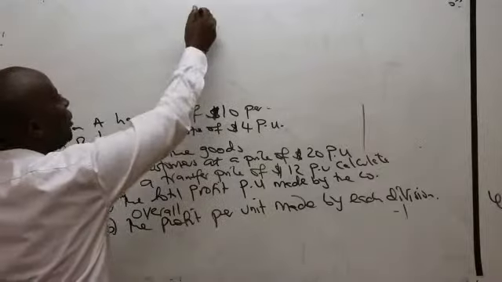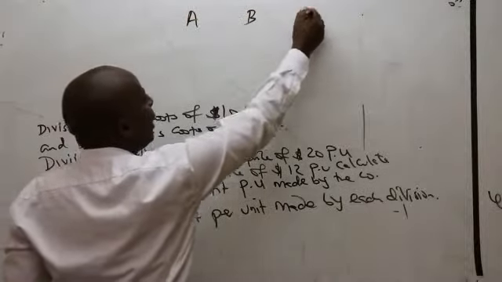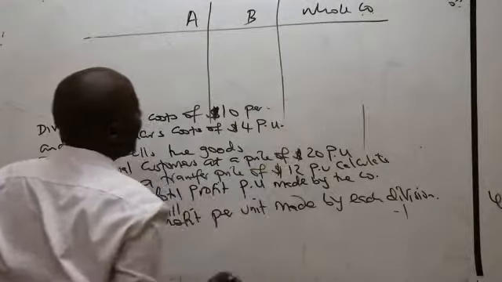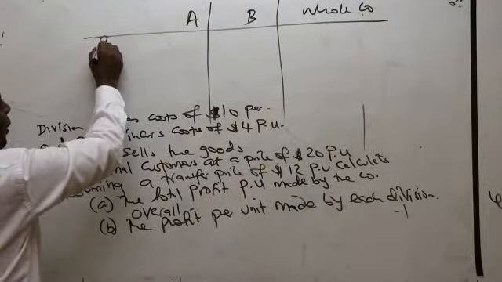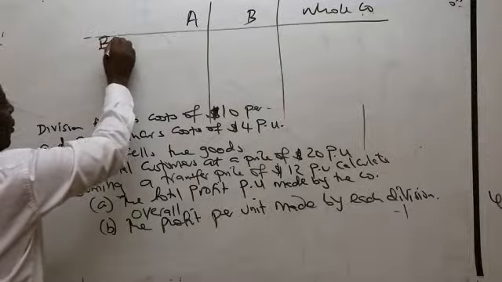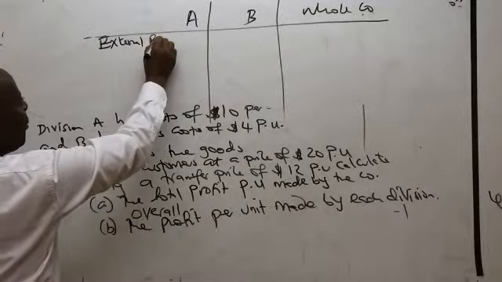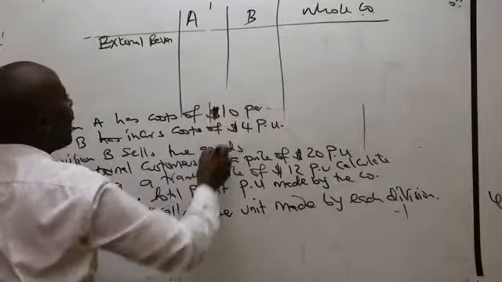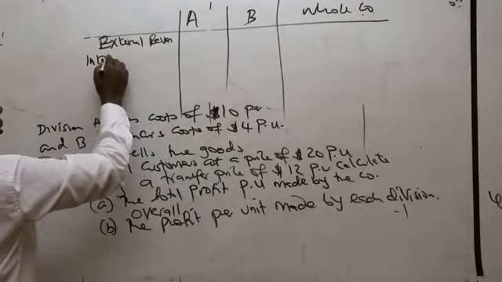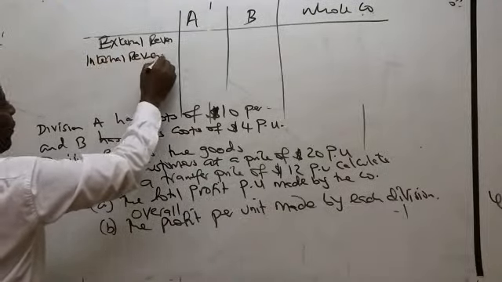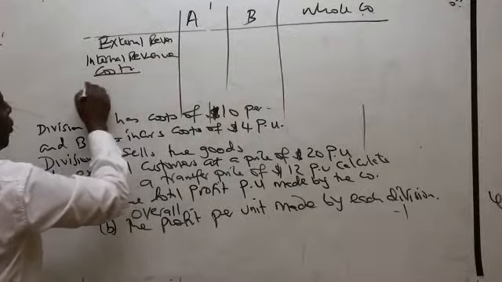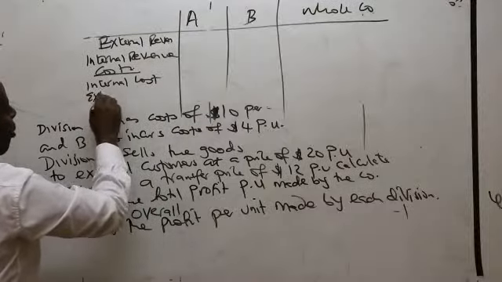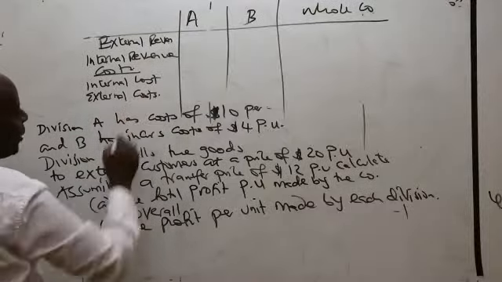So we have two divisions, A, B, and then we have the whole company. So you just come and give us the pro forma. We have external revenue, and then we have internal revenue, and then we go to costs, of which we have the internal cost and the external costs.